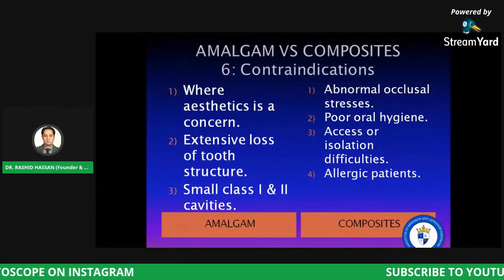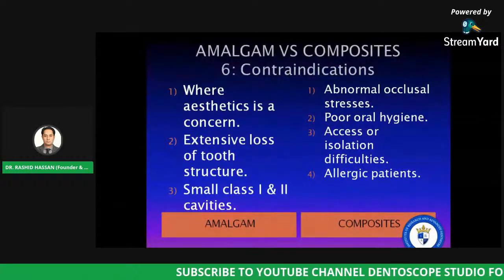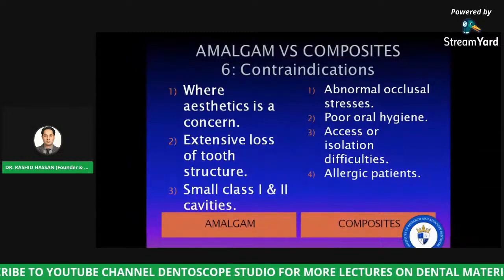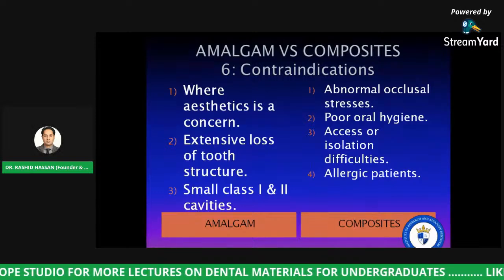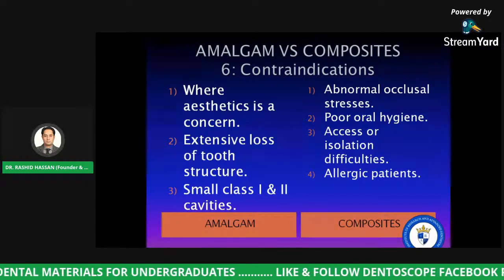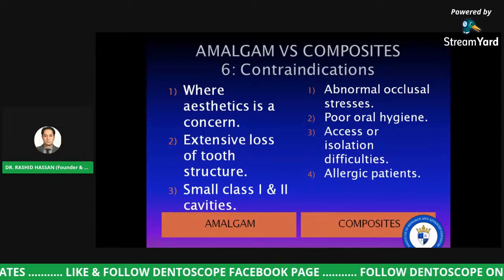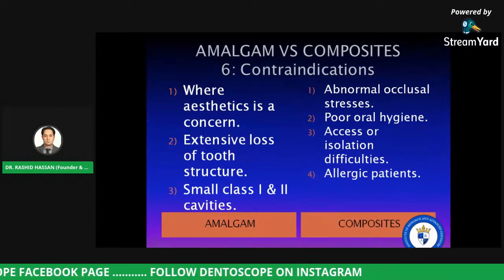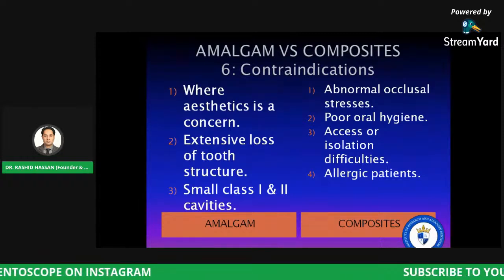You grind some of the normal tooth structure, and that's why there is some excessive loss of the natural tooth structure, which is not at all acceptable, not even ethically acceptable. But for GV Black's filling, we have to do it. So that's why it is a contraindication in case of massive loss of the tooth structure.